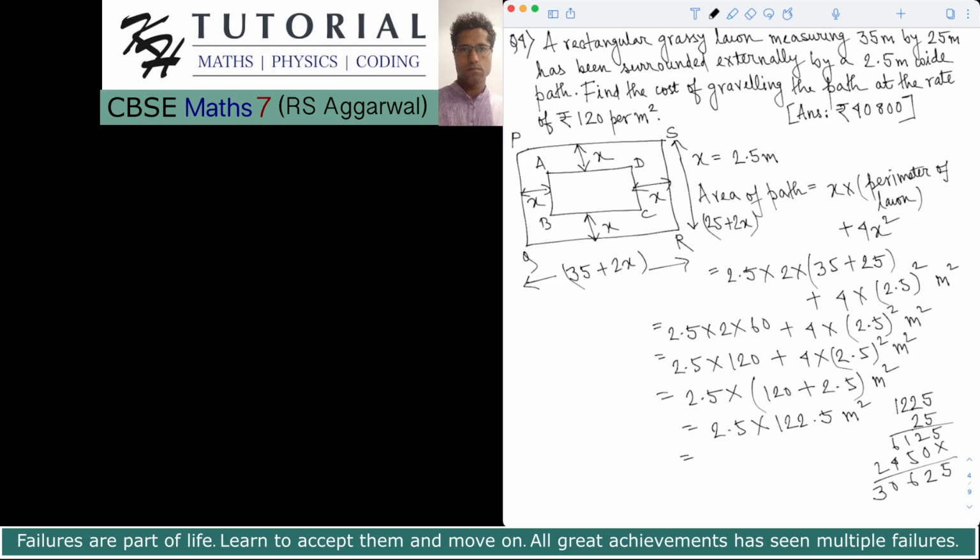This is coming out to be 30625, and it will be 306.25 meter square.